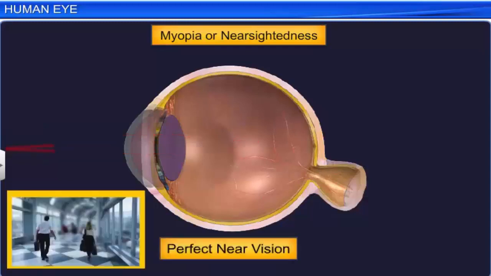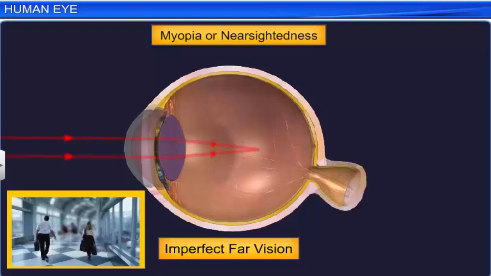But in the case of an object at a faraway place, the eye produces more than required convergence, and as a result, the image is formed before the retina. The effects of myopia can be reduced by using a concave lens of suitable focal length.